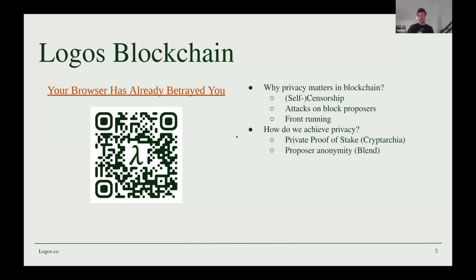It's about censorship. If I know who is proposing blocks, who is doing what, I bet that you wouldn't want everybody to know that you paid for a beer in a particular pub, that you donated money to some charity that not everybody may be aligned with, that you, I don't know, maybe even bought drugs. I don't care. It's your personal business, right?